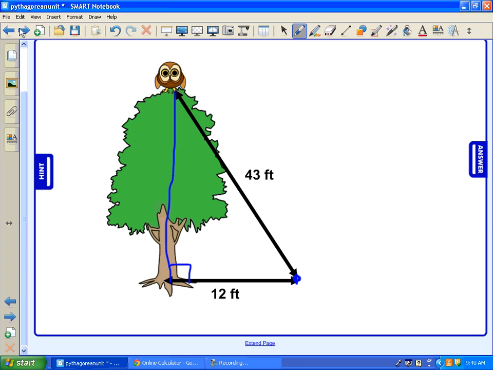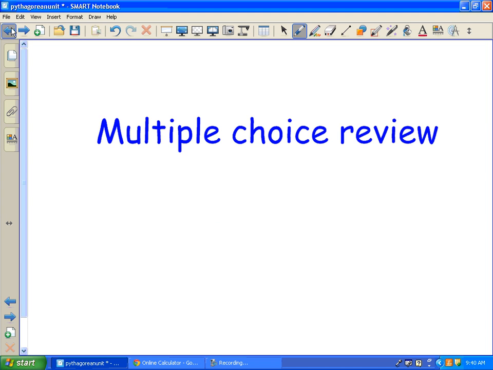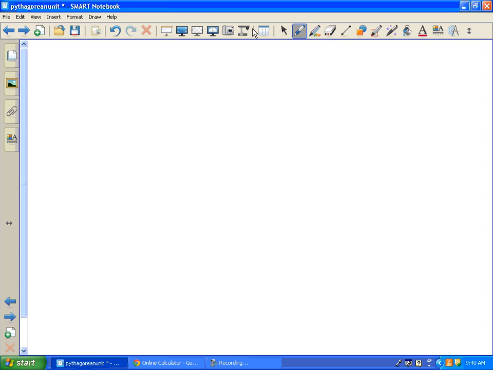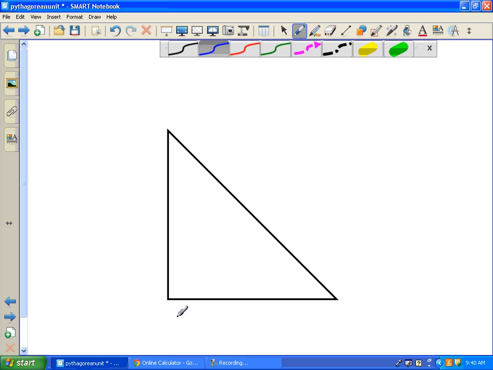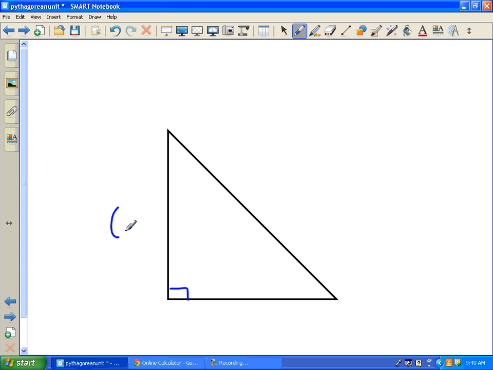Now, one thing I didn't show you before was how to do a triangle when you're not given something else other than a side and the hypotenuse, or the c squared. So let's say I put a number in for c.